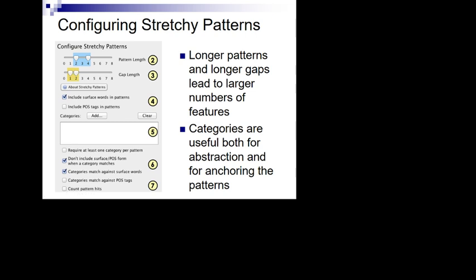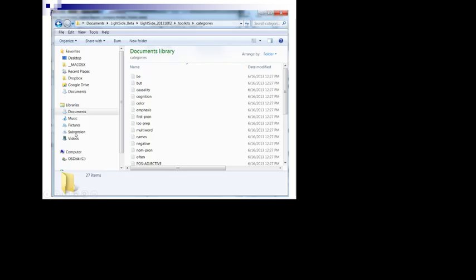And then you get to decide other things, like: can some of those symbols be just specific words? Can some of them be part of speech tags? And you can add categories, which you can make yourself. Now, LightSide comes with some, and you can see the path to where this categories folder is in your LightSide folder.